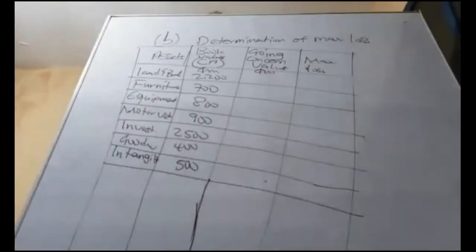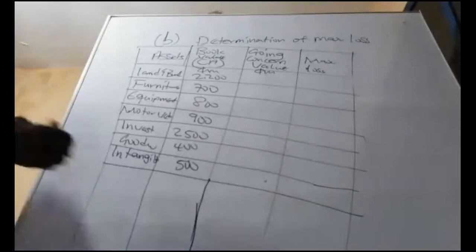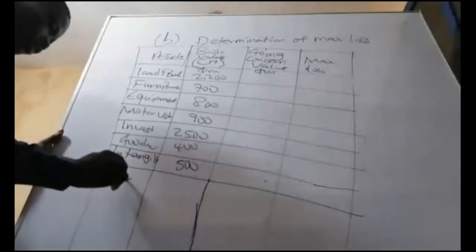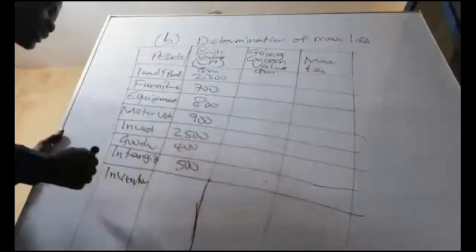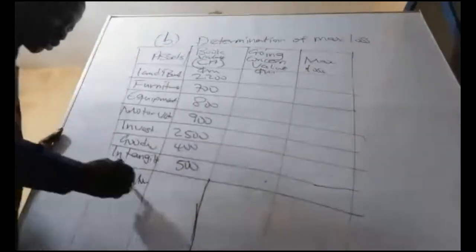Please, my question is lengthy for a purpose. It contains all what you need to know, except the preferential liability. Inventory is also an asset. Here, all assets except cash, even though cash is an asset.